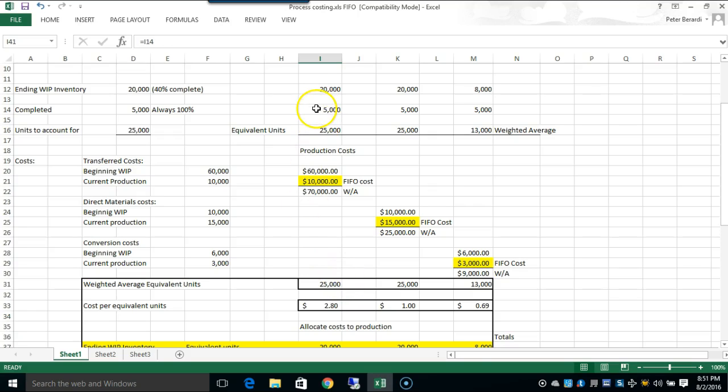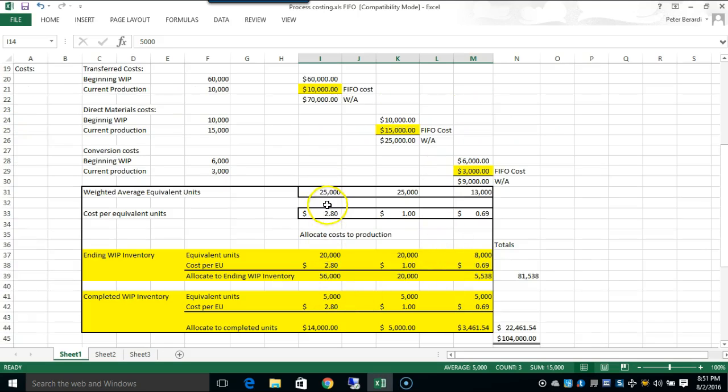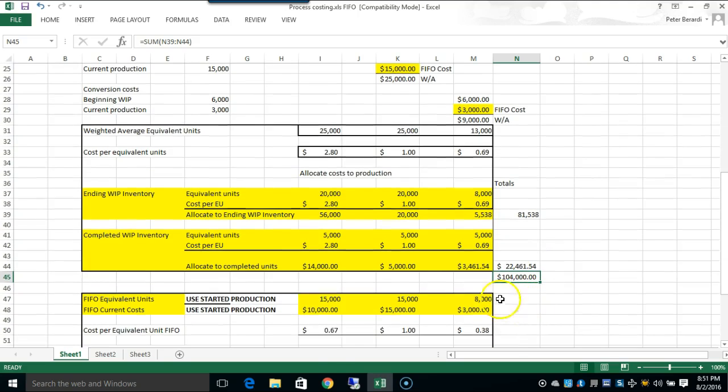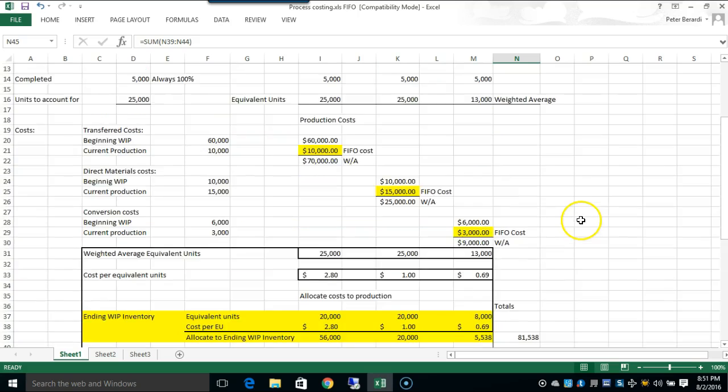Take your completed equivalent units for transferred in, materials and conversion, multiply it by the same cost per equivalent unit. Now keep in mind this is weighted average, so you can do it this way. It's a weighted average, and multiply it out. And there's your answer.